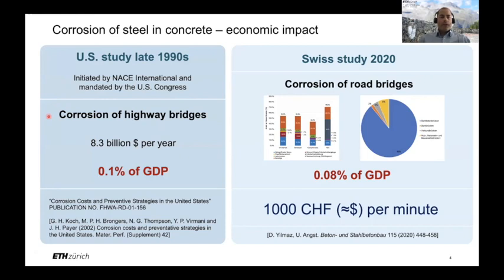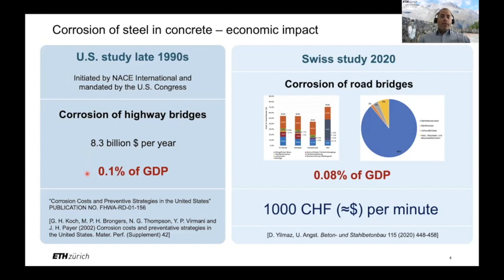It was concluded that the amount, $8.3 billion each year, which are the direct costs related to corrosion in highway bridges, are approximately equal to 0.1% of the gross domestic product.